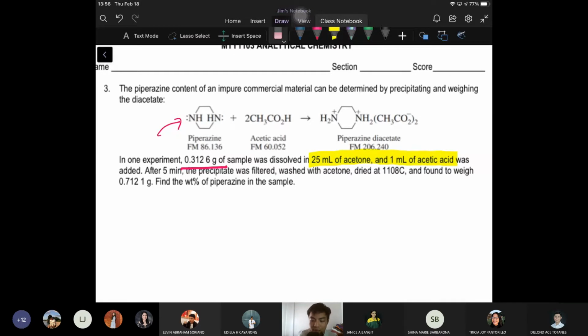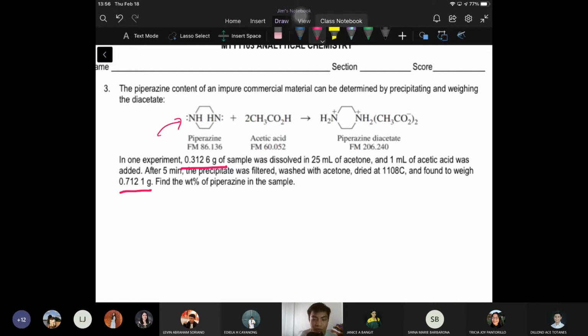Okay? So, after nun, sabi dito, the precipitate was filtered, washed, and dried and found to weigh 0.7121. So, ano itong 0.7121 grams, no? So, that is the mass of your precipitate. Okay? So, ano po yung precipitate ko? Kaya nga may equation sa taas, no?